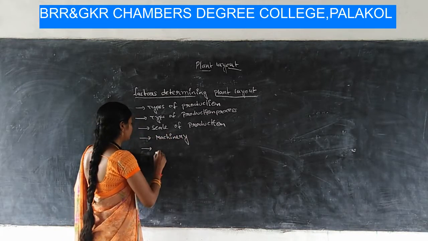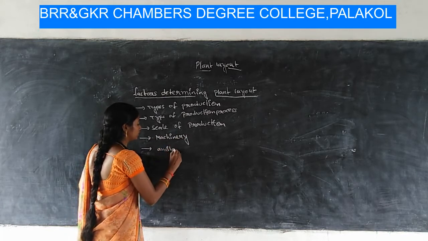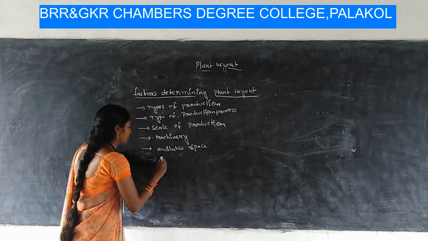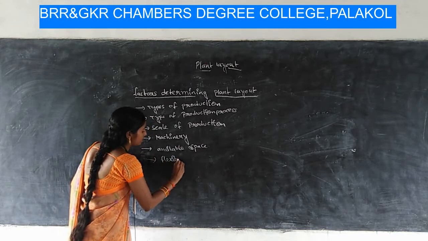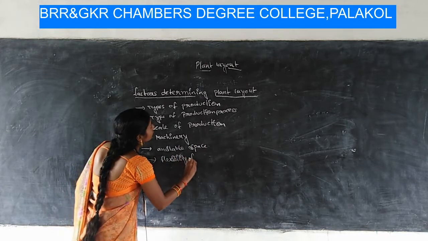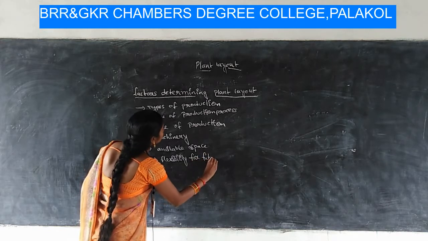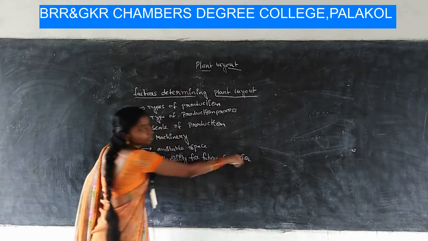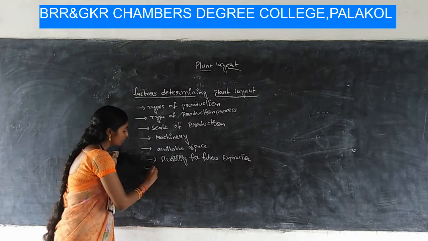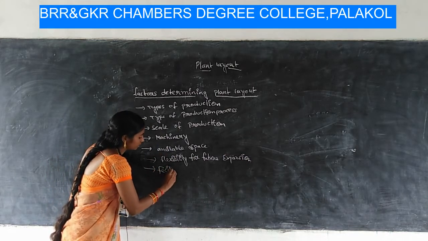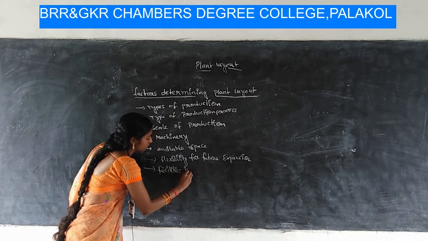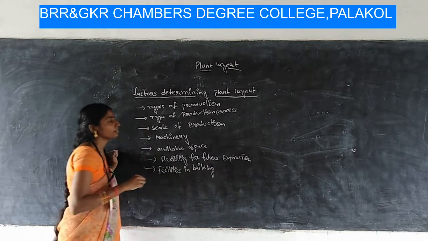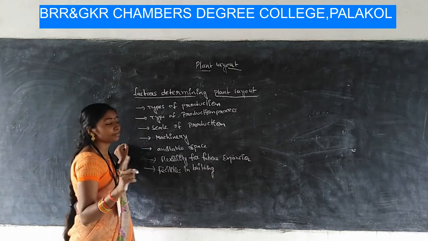Okay, and available space. Flexibility for future expansion. Okay, and facilities in building. These are the factors we need to consider while we are designing a plant layout.